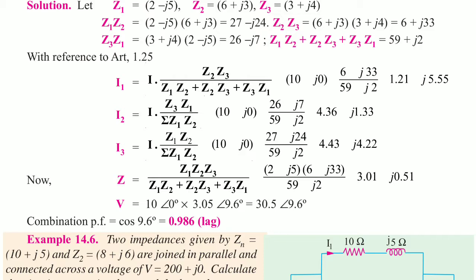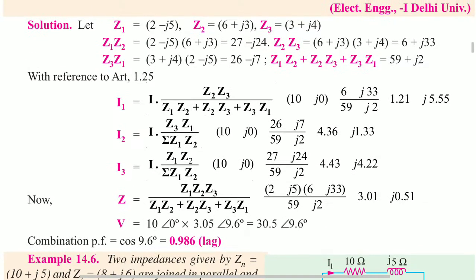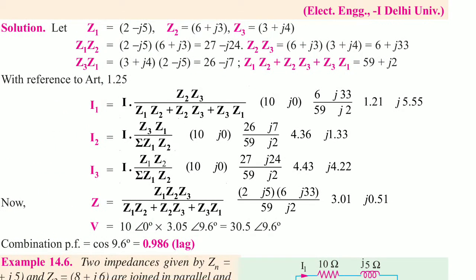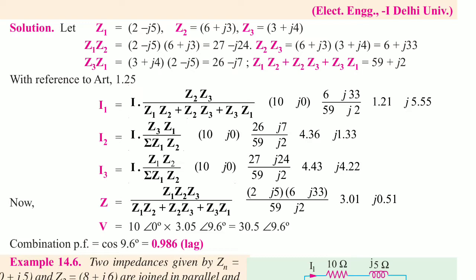Here Z1 is 2 minus J5, and Z2 Z3 is 6 plus J33, divided by Z1 Z2 plus Z2 Z3 plus Z3 Z1, which is 59 plus J2.